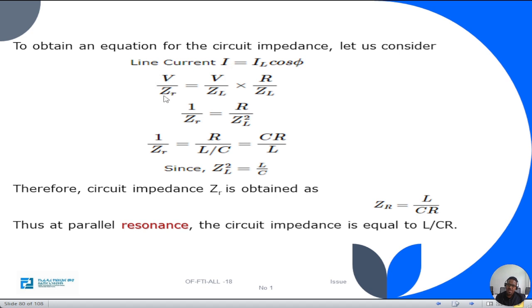Then the total or dynamic impedance: V over Z equals V over ZL times R over ZL. Cancelling V by V, 1 over ZR equals R over ZL squared, and ZL squared is L over C, so C over R. Inverting the reciprocal, the circuit impedance is L over CR. Thus, at parallel resonance, the circuit impedance is equal to L over CR.